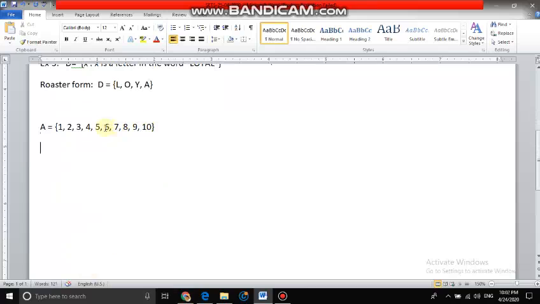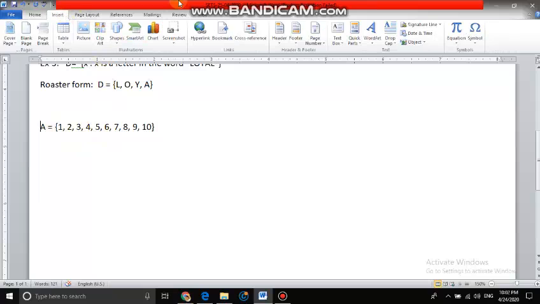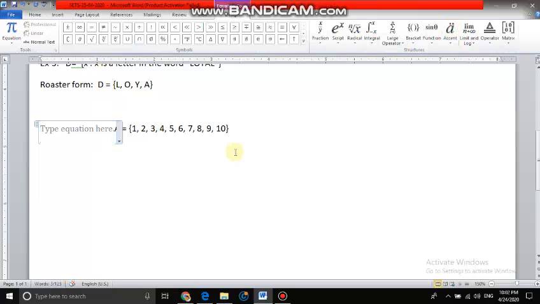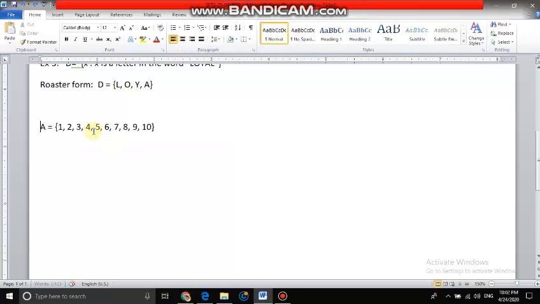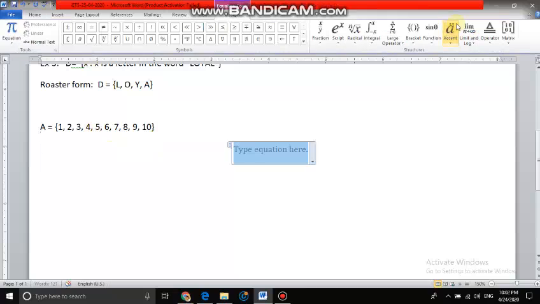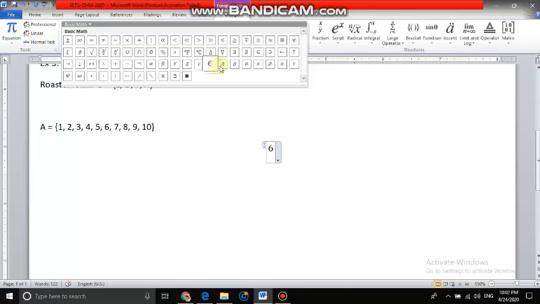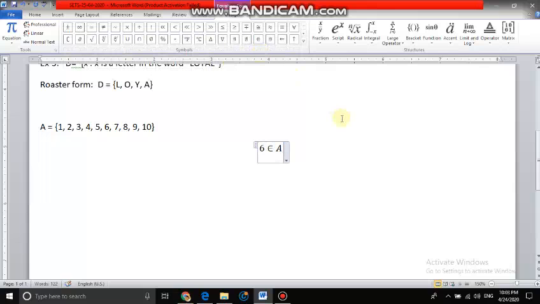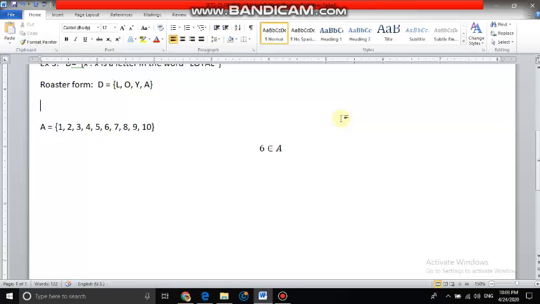Now I can say 6 is an element of A, because 6 belongs to the set A. So how do we write that one? 6 is an element of A. Let me go to insert equation. So I use 6, belongs to, A. This is how you represent 6 is an element of A. Similarly, if I say it does not belong to A, let me take the number 11.